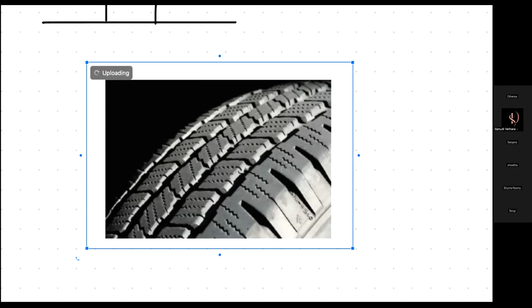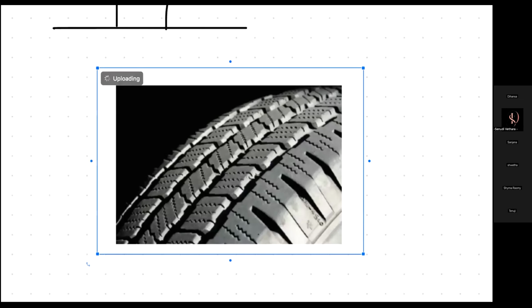So these tires having, I'm sorry, the image is still uploading. My connection is not very strong. So, 1 second.